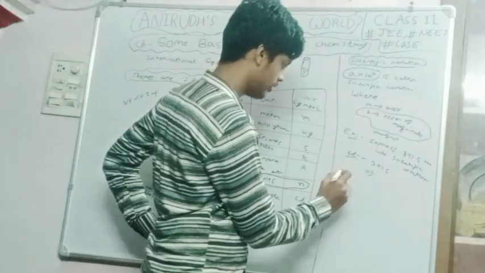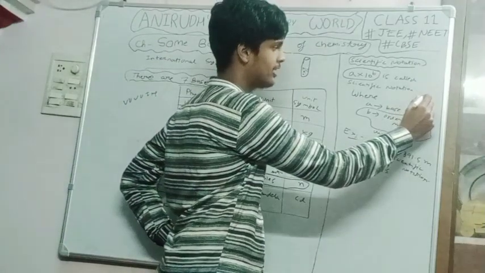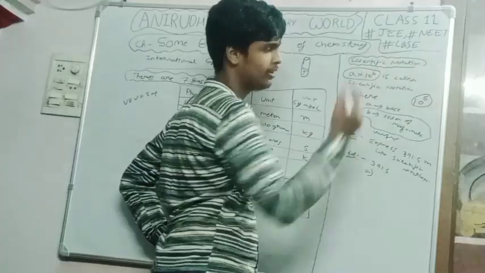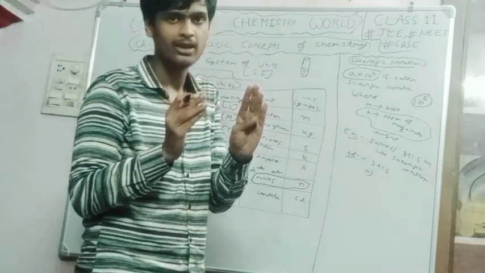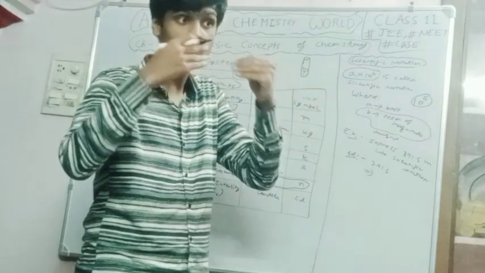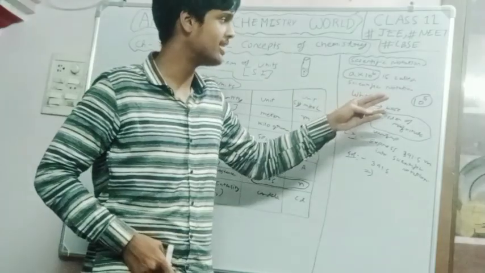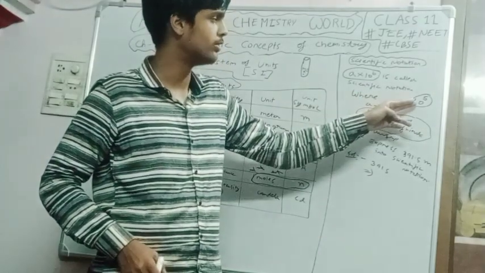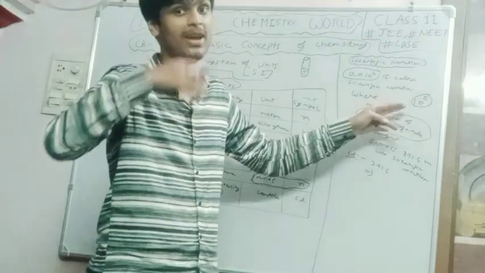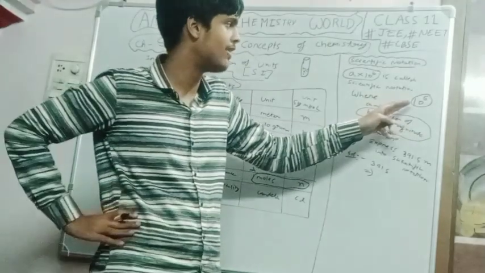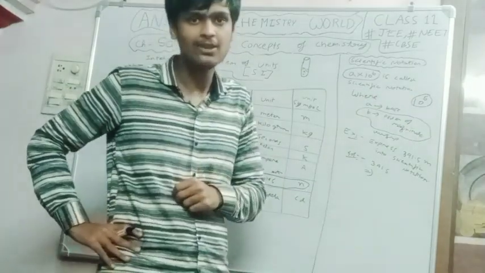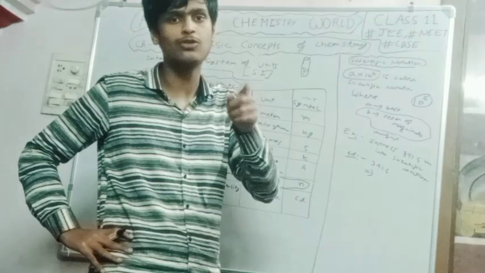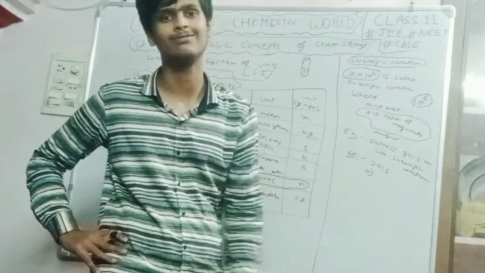Say 10 to the power of 5: sometimes, to make it a complex question, they won't give 10 to the power of 5. Instead they will tell you the order of magnitude is 5.